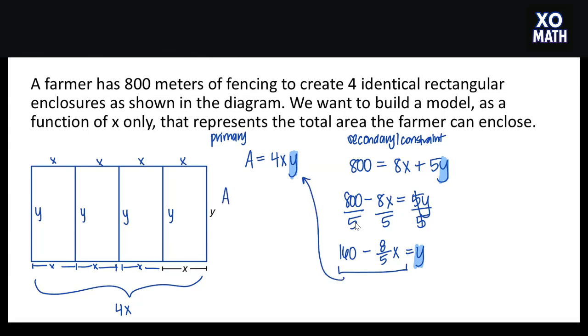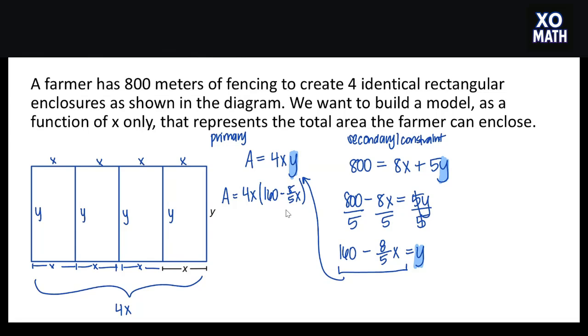So that I have area is 4x times 160 minus 8/5 x. So this is now a function of just x. It was originally a function of x and y.